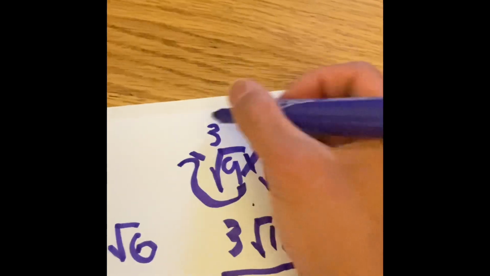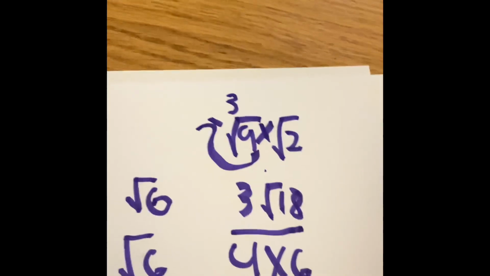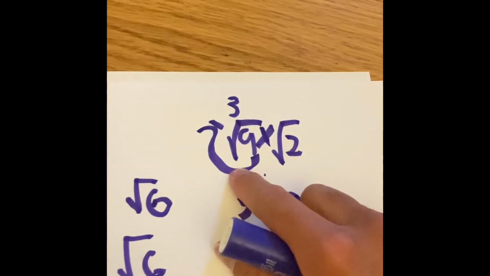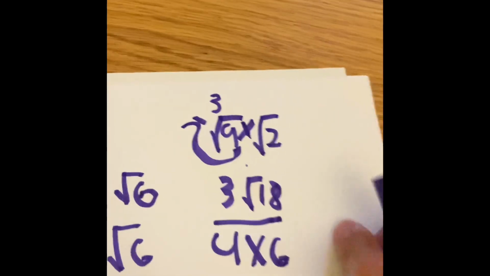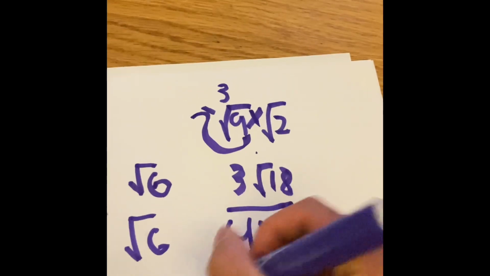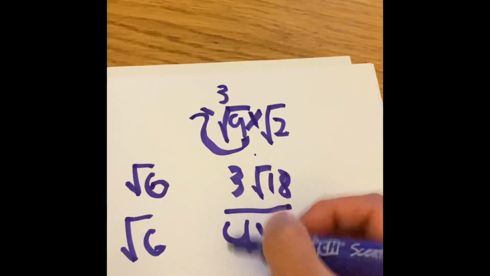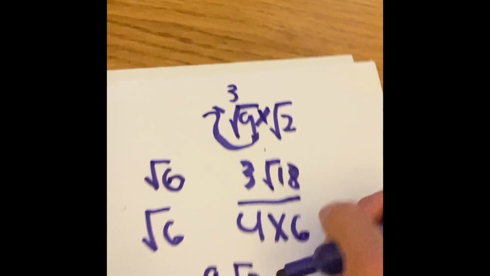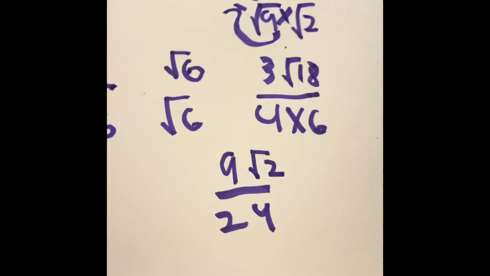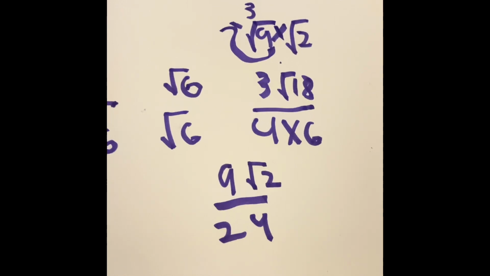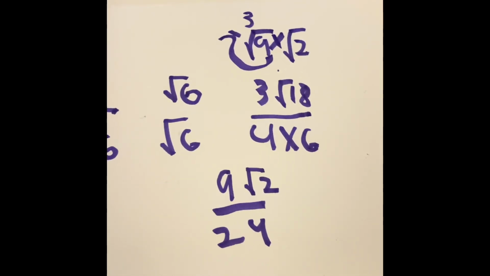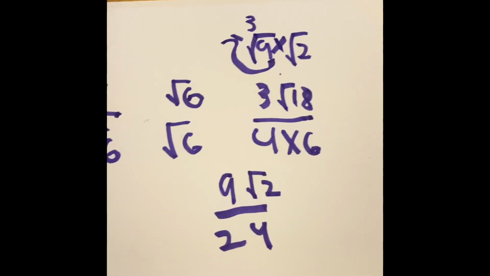So now 3 times 3, because when you take a perfect square out, you must multiply it with the multiplier. 3 times 3 is 9, and the leftover is the square root of 2. And bingo! This is a rationalized radical. We have 9 times the square root of 2, divided by 24.